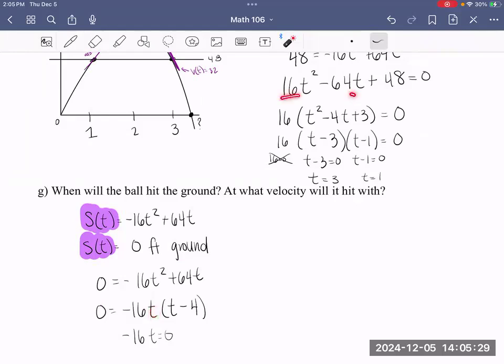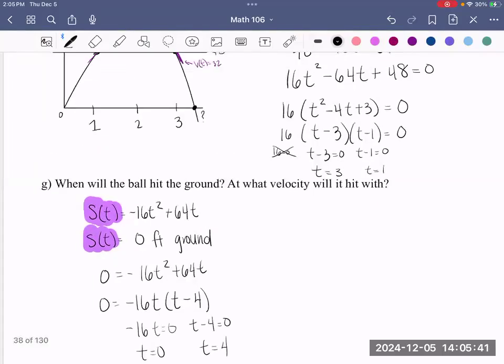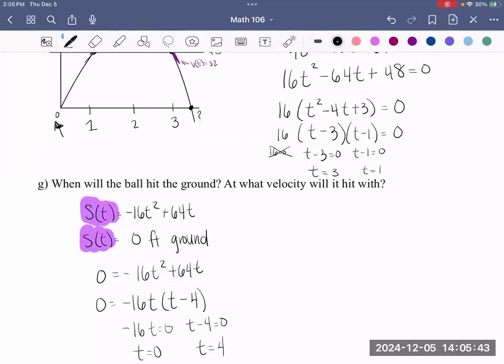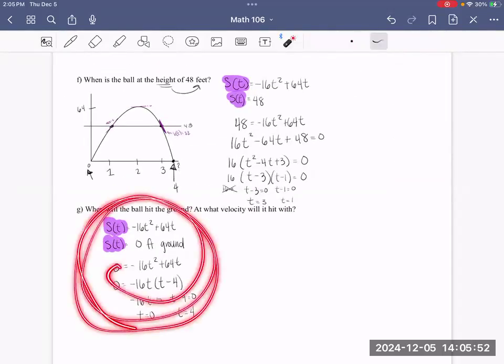The previous one didn't have a t, so we didn't take it out. So t is equal to 0 and t is equal to 4. The 0 is talking about the start time, whereas this one is now the 4. So that is the math behind how we can use factoring to our advantage.